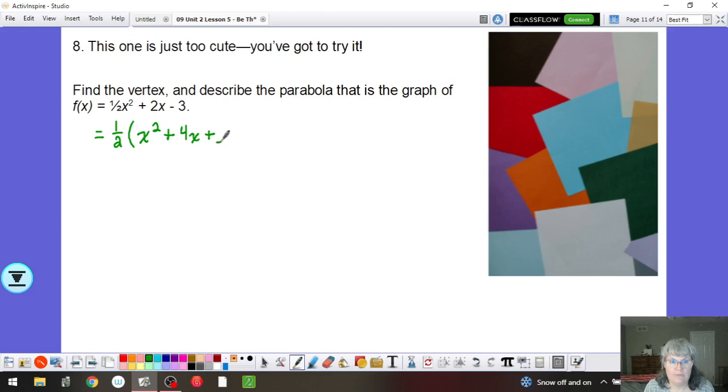We will need to find out what's going to go here so that we can complete our square properly. So let's start with a box. And I'll come back to that 1/2 in a minute, because we're going to use it to figure out if we need extras or if we need fewer.